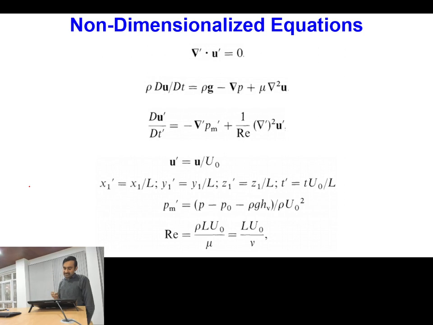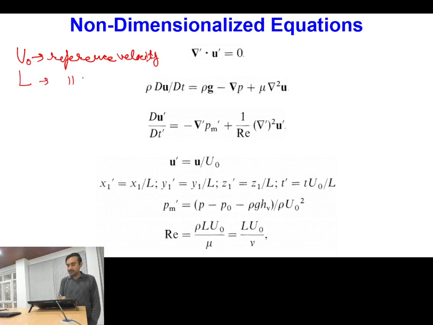Okay, so if you consider three non-dimensionalization parameters, one is u naught, which is nothing but your reference velocity. Similarly, L you consider as your reference length, and P naught as reference pressure.